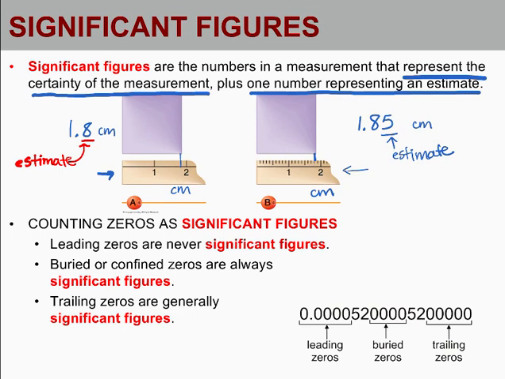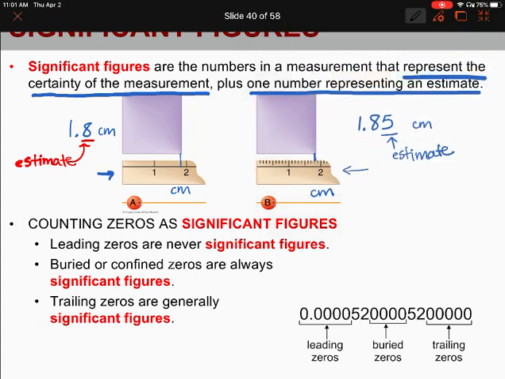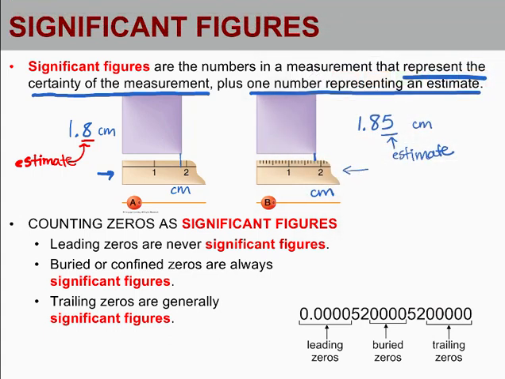So on the left-hand side, that value of 1.8 tells us that we have two significant figures, and I'm going to abbreviate that as sig figs. And then on the right-hand side, we have three significant figures. So on the left, we're not as certain about our measurement, but on the right, we are more certain about our measurement.